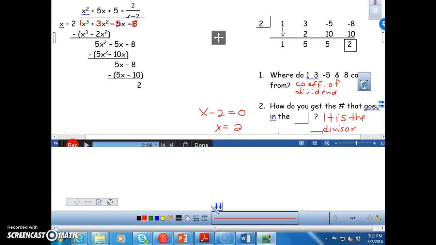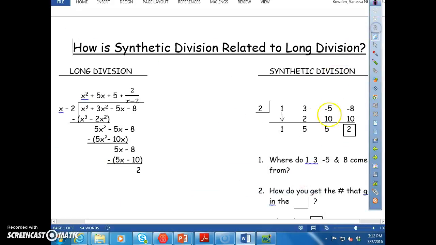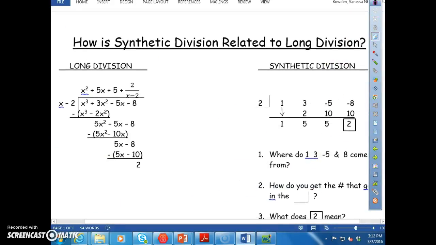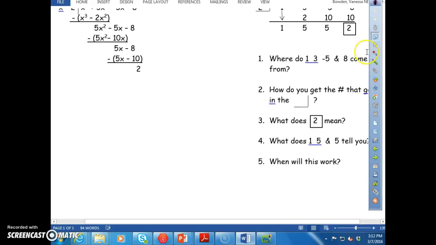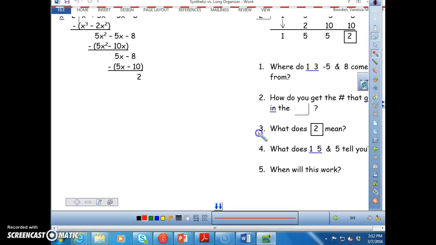Now, question 3. What does the 2 in the box mean? Somebody had said it earlier, I think. The remainder. So this part here is the remainder. It's what's left over.